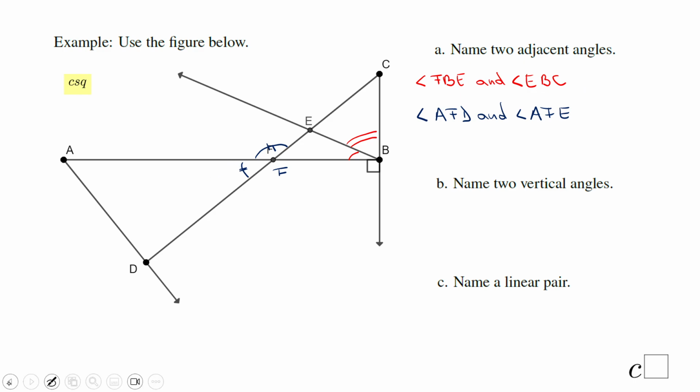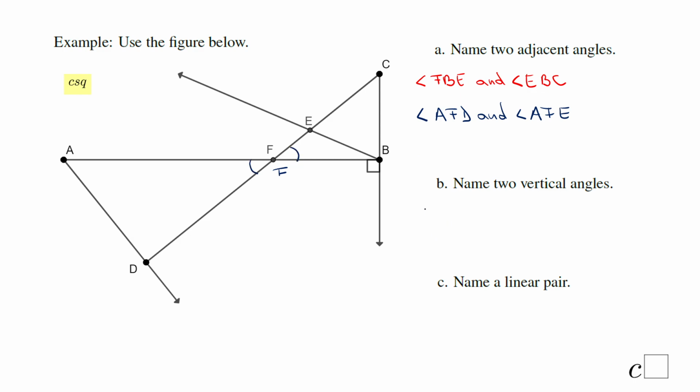Let's take a look at part B. On part B, we need to name two vertical angles. So remember, we need to find two intersecting lines, and we do have something like that. We have line AB, or segment AB, if you want to call it, and segment DC. You notice these two angles, for example, are vertical angles.